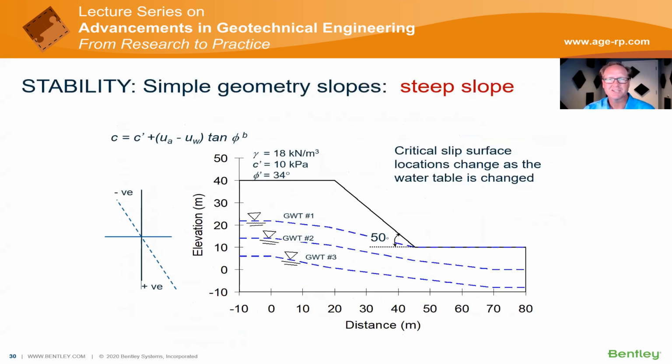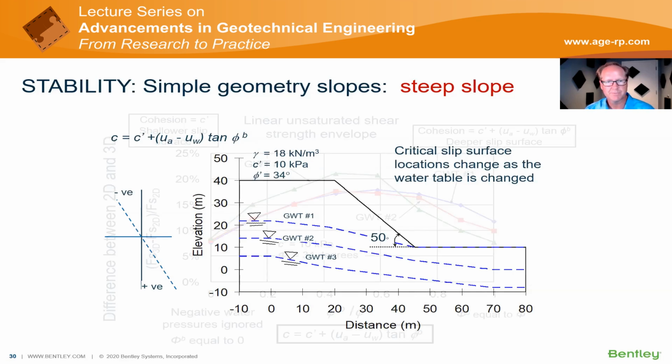So now if we consider a steeper slope, here we have a 50-degree angle, typical material properties, and we're considering again using phi b and changing the groundwater to 3 different elevations. And of course, the critical slip surface location can change as the water table is changed as well.